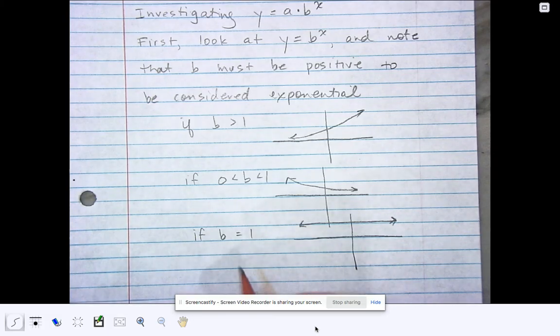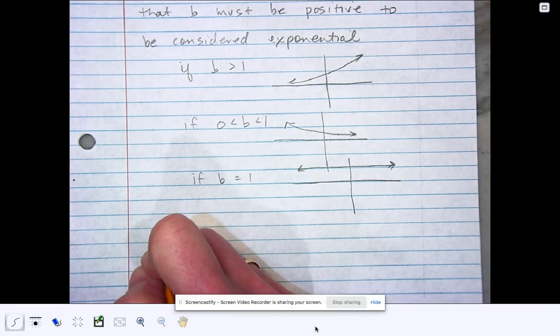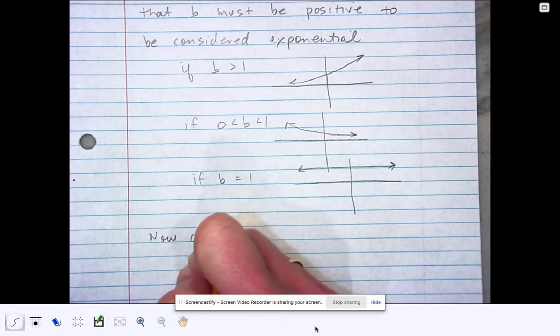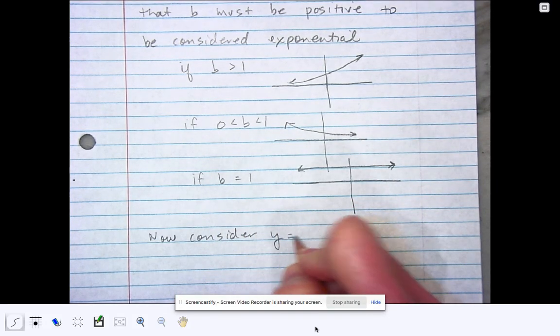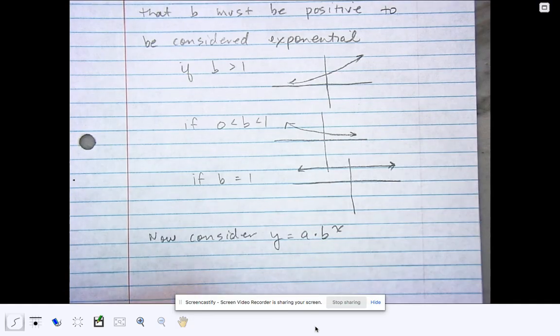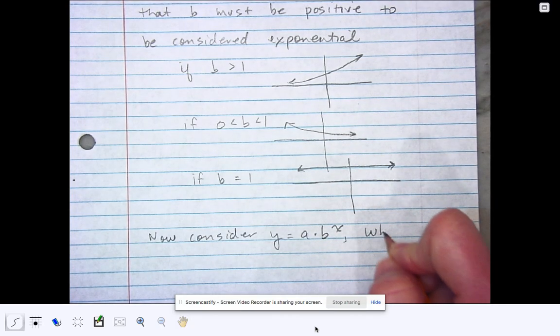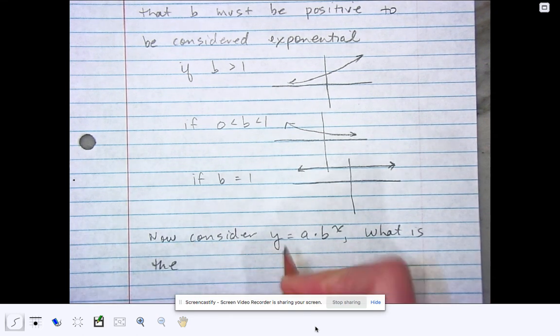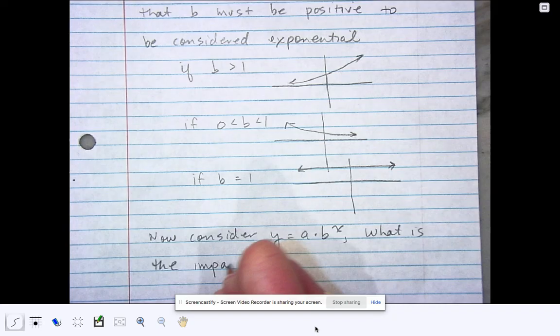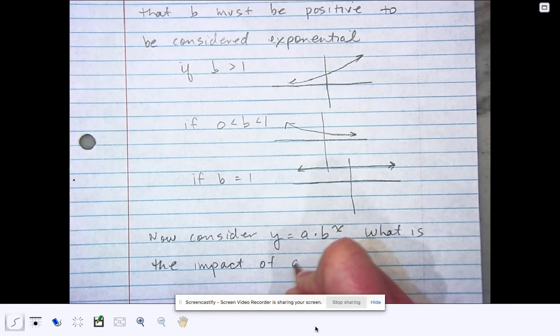So now consider y equals a times b to the power of x. What is the impact of a?